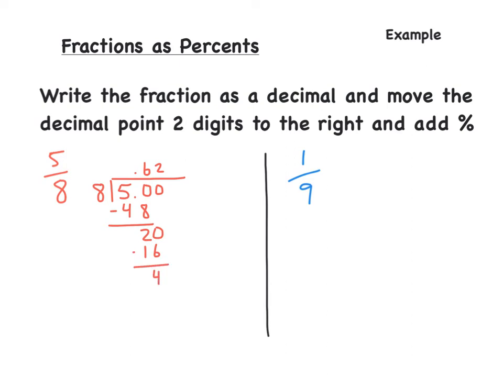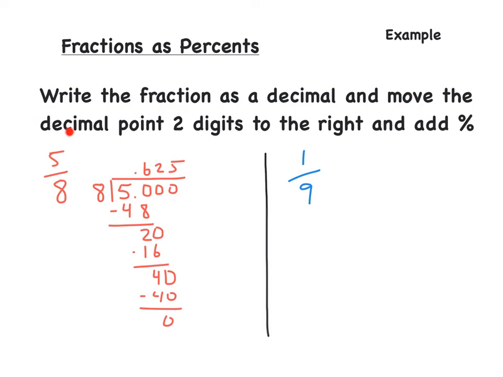Subtract that, that's 4. Add another 0. How many times does 8 go into 40? That is 5 times. So 8 times 5 is 40. 40 minus 40 is 0. So now we have 0.625, or 625 thousandths.